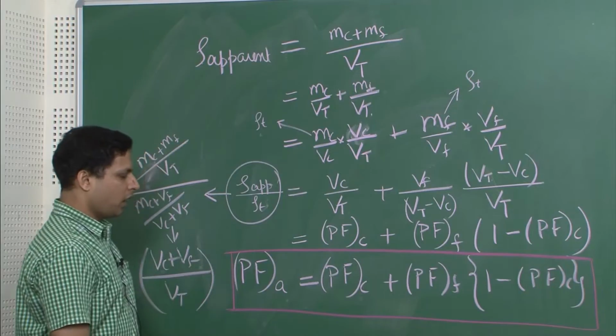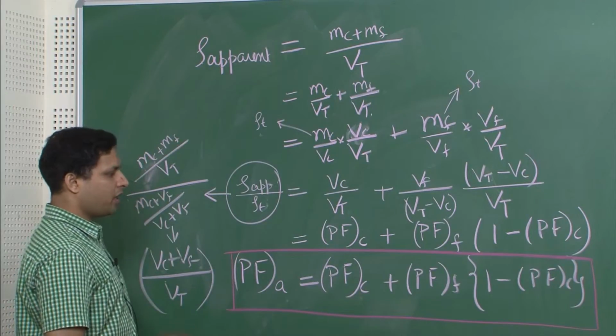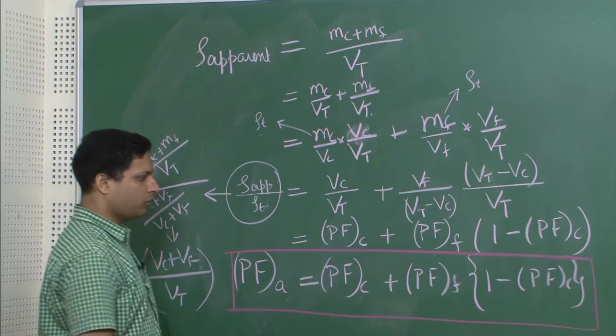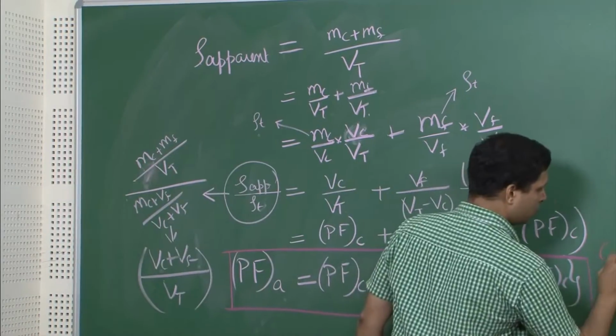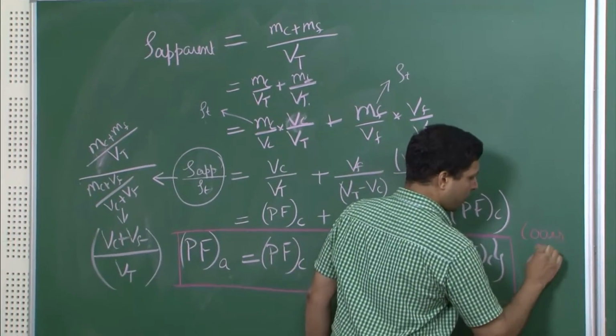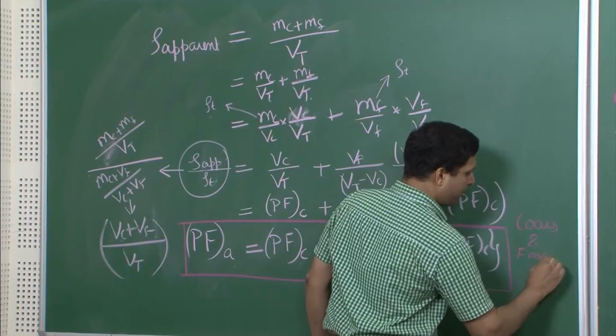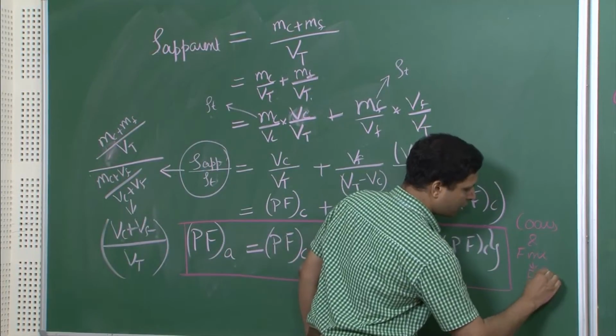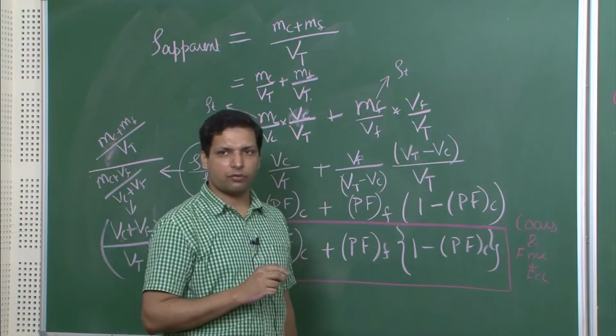So, if you put the values, for example, let us assume that both coarse and fine pack in FCC, face centered cubic type of structure.